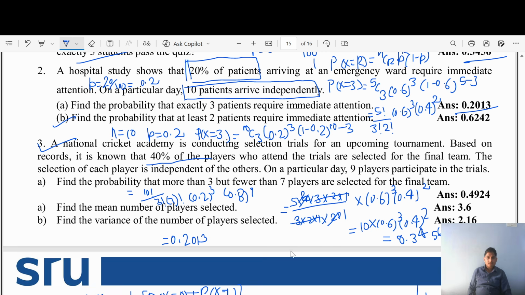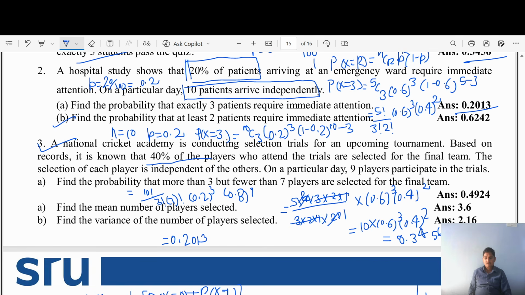On a particular day, find the probability that more than 3 but fewer than 7 players are selected for the final team. So you just find the values of P for X greater than 3 and less than 7. How do we evaluate this?